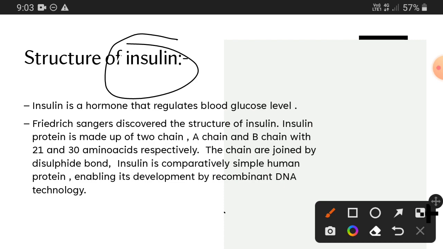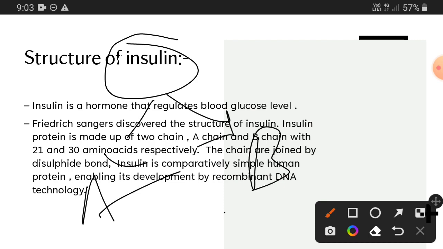The entire structure of insulin consists of one A chain and one B chain, consisting of 21 and 30 amino acids respectively, and the A chain and B chain are joined together by disulfide bonds.